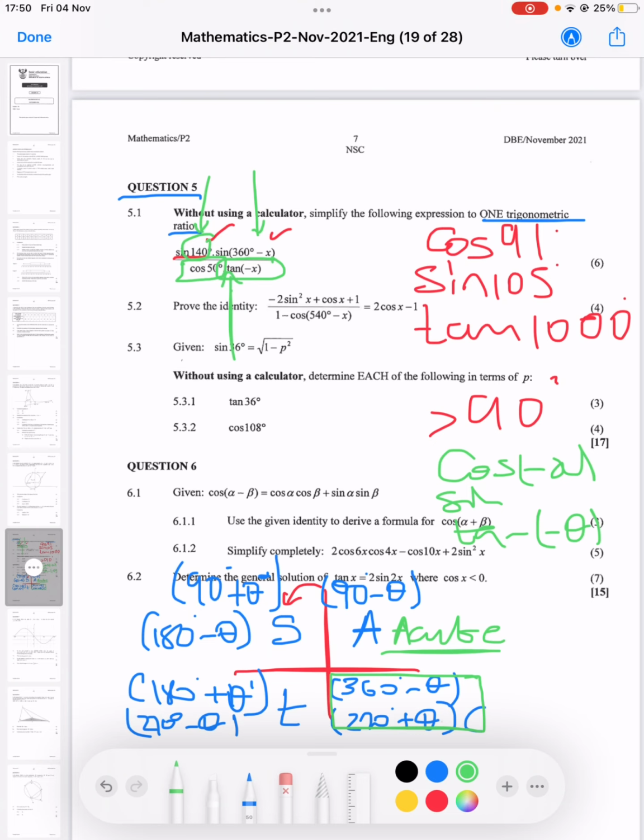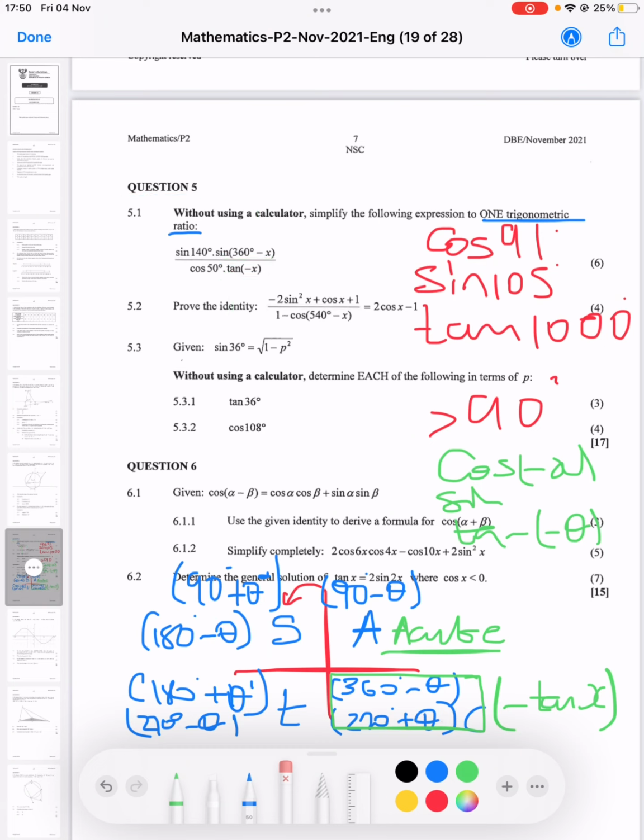Then we know tan is negative. So in this quadrant in which it falls, it is therefore negative tan of the angle. Something that you need to be careful of. So if you can see, you have sine 140.